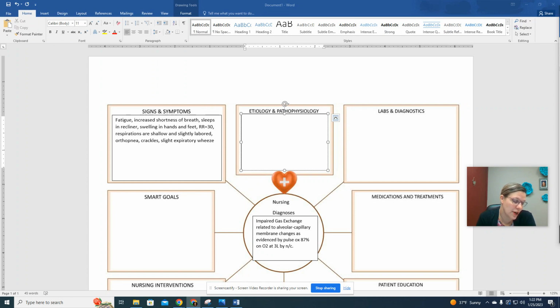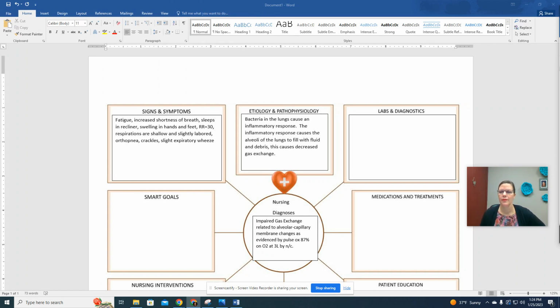This can potentially obstruct airflow, impair gas exchange, and cause the signs and symptoms associated with bacterial infection. So now I believe that I'm on the right path. And when I look at the little picture, the figure 27.1, it shows that there's an inflammatory response to the bacteria in the lungs, and that causes the alveoli to fill with fluid and debris, and that causes decreased gas exchange. So go ahead and look at the figure if you haven't yet, but I'm going to go ahead and get my box filled out.